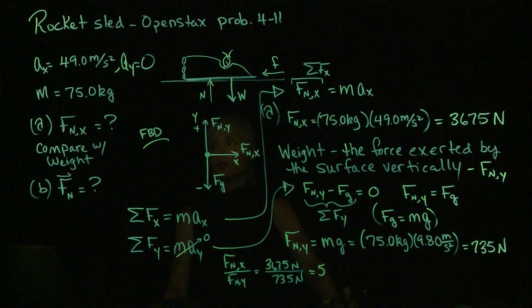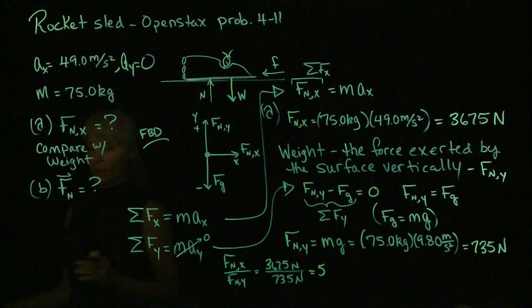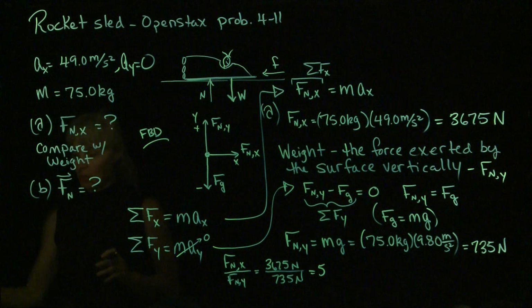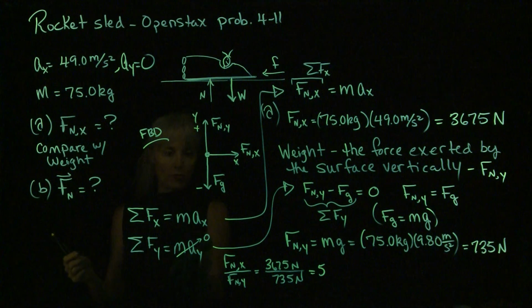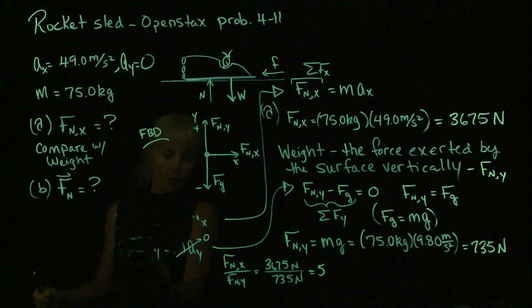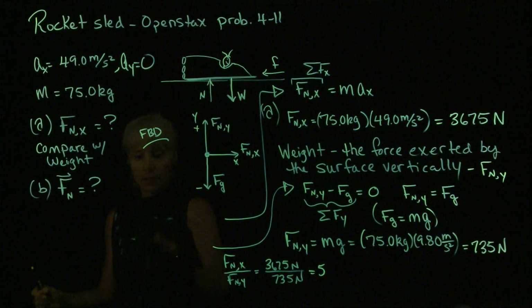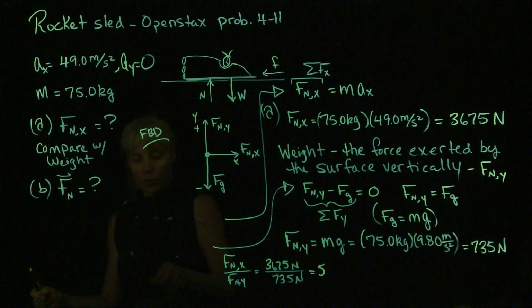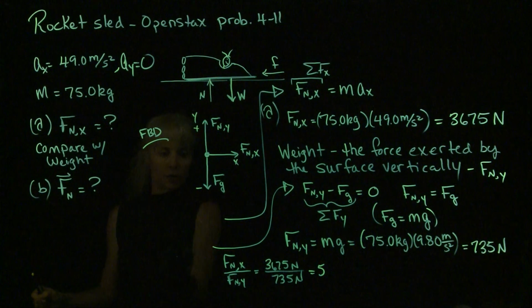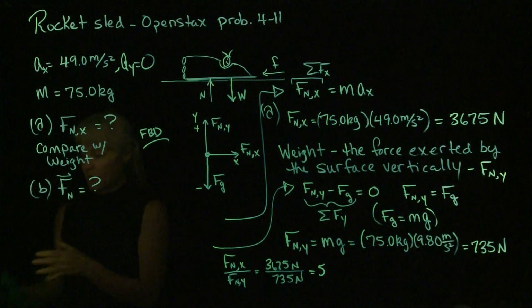Part B now, we want to know what is the normal force in MAD form. So we already know the normal force in component form. I'm going to go ahead and erase these two equations here, and we'll work the MAD form over here on this side to keep the rest of this in place. So the normal force being exerted in the x dimension by the seat and the normal force being exerted in the y dimension by the seat are already given.